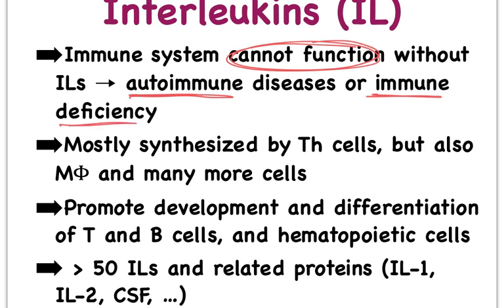Interleukins are mostly produced by your T helper cells, although all kinds of cells can produce them. And they're going to be very important in the red bone marrow and the process of hematopoiesis. So let's take a look at a picture to prove this.